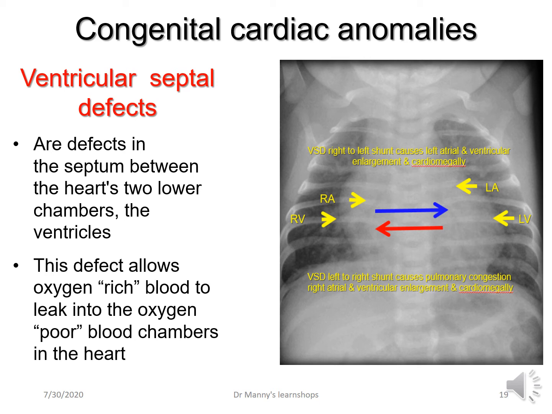Again, with a VSD, just as with an ASD, there can be a right to left shunt or a left to right shunt. A VSD right to left shunt causes the left atrium and ventricular sections to enlarge and result in cardiomegaly. A VSD left to right shunt causes pulmonary congestion, right atrial and ventricular enlargement, and cardiomegaly.